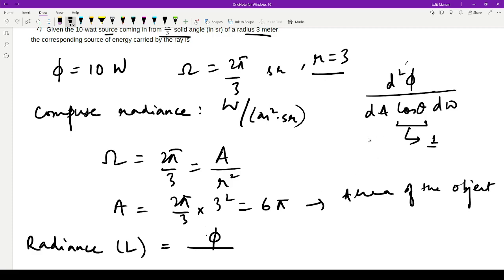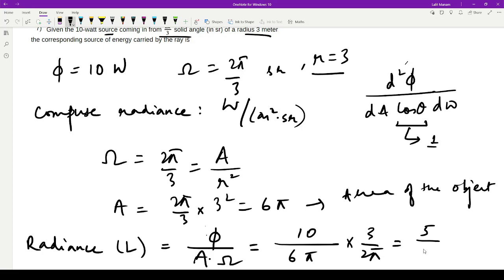It is phi per unit area and per unit steradian. Phi is 10, area is 6 pi, steradian is 2 pi by 3, so we'll have 3 by 2 pi. It turns out to be 5 by 2 pi square. Is it right?